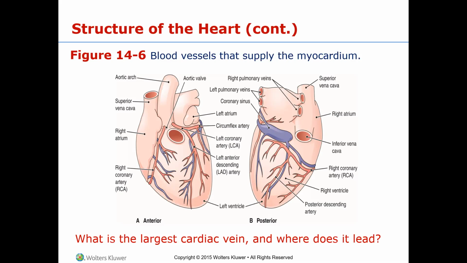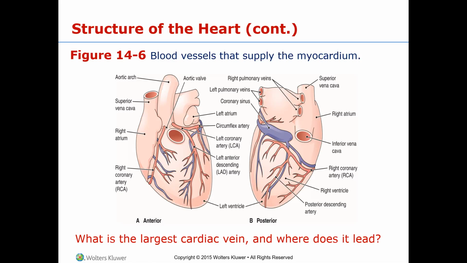But then we have to have a means by which we supply the heart itself with some blood. And if you look here, coming from here, this is the aorta. So this would be blood that has been oxygenated, and it's being sent out to the systemic circuit, to the rest of the body.